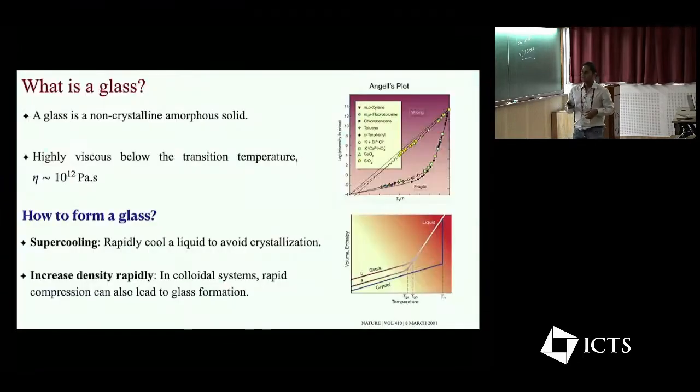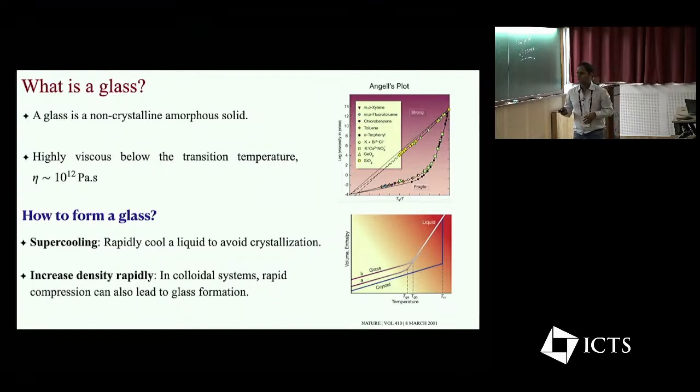So first, what is a glass? It is basically a non-crystalline amorphous solid, which means it doesn't have the regular periodic lattice pattern that you see in crystalline solids. Structurally it is closer to a liquid, and below the glass transition temperature the viscosity roughly goes to 10 to the power 12 pascal-seconds.